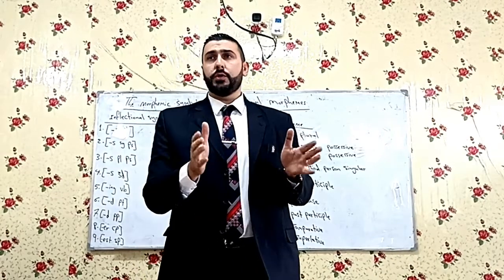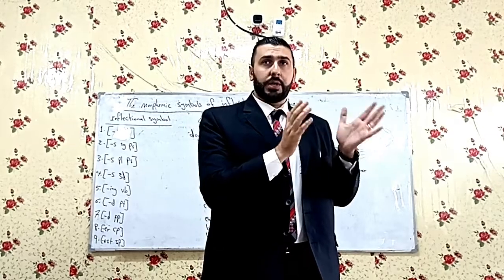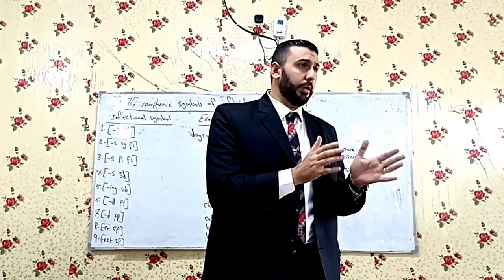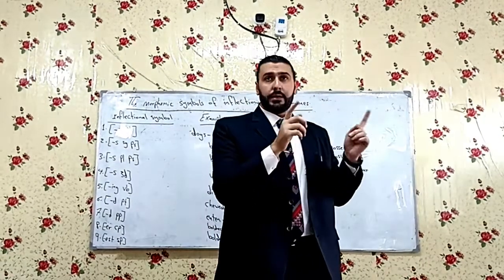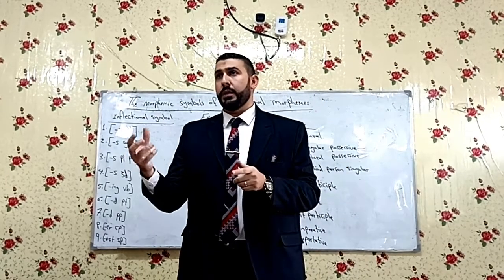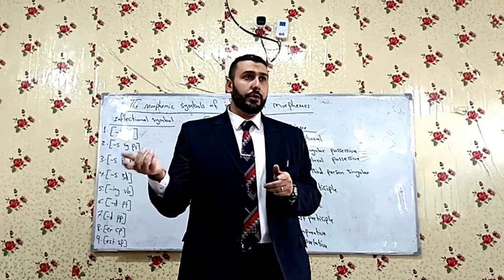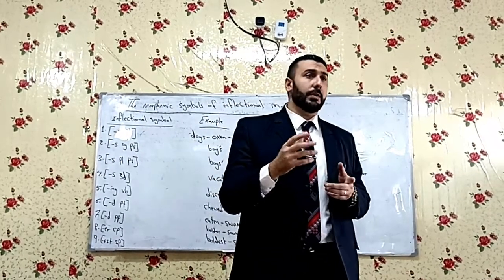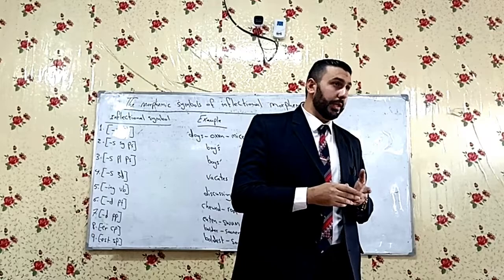For example, when we use the subject pronoun he, she, or it, these three pronouns should be followed by a verb that contains the s of the third person, especially when we talk about the present simple tense.